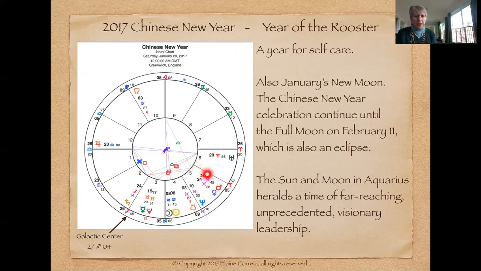And we also have Venus and Mars, which are energetic polarities, the feminine and the male. And they're in Pisces, and they're conjunct with each other.